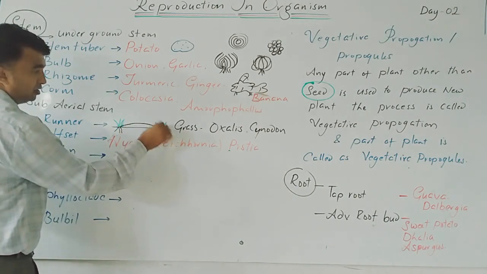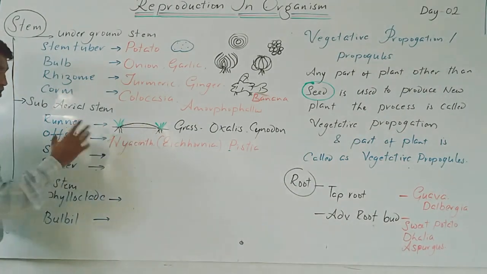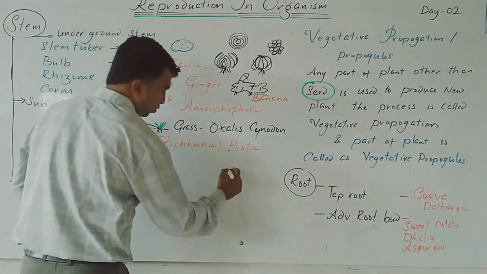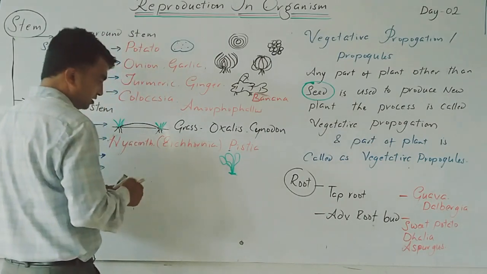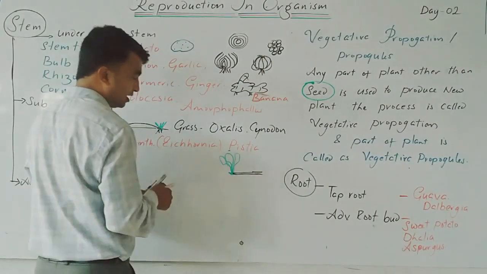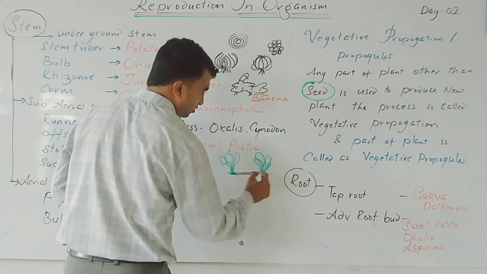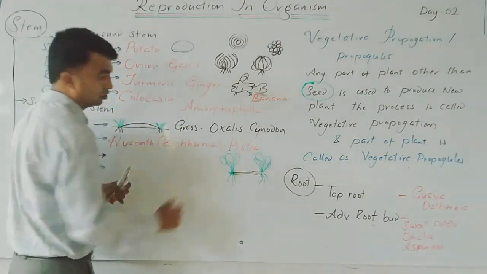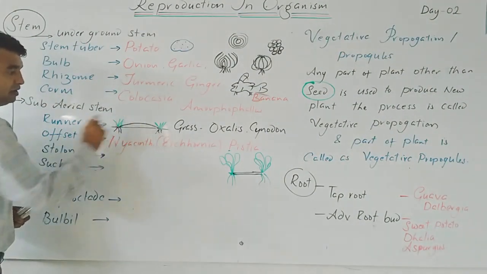Wherever it touches the ground, it produces leaves, and sometimes the internode is longer, sometimes shorter. But when you take an offset, this is the water hyacinth, and this is the internode. The lower branches of the stem elongate, and in the next internode it again produces leaves and roots. The internode is uniform in the offset, but variable in the runner.